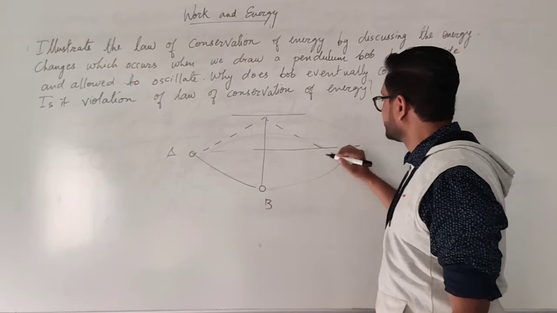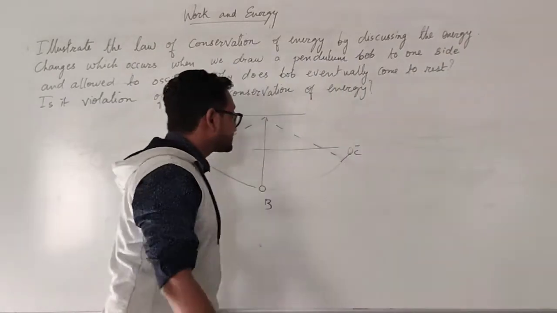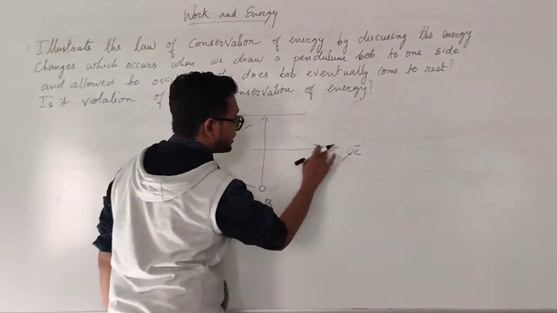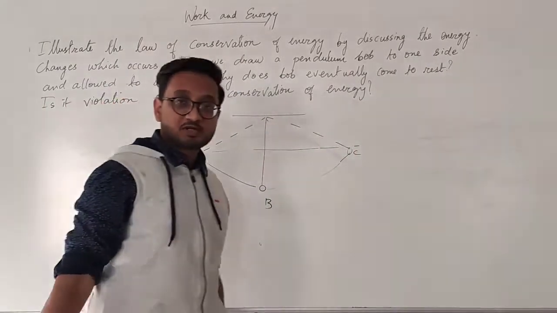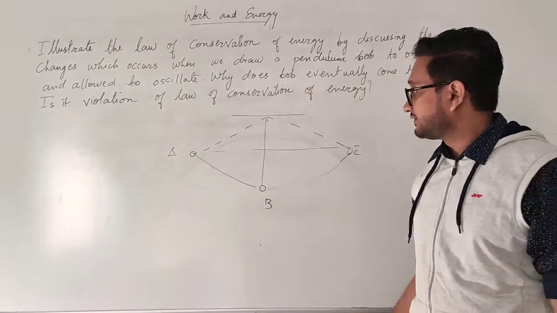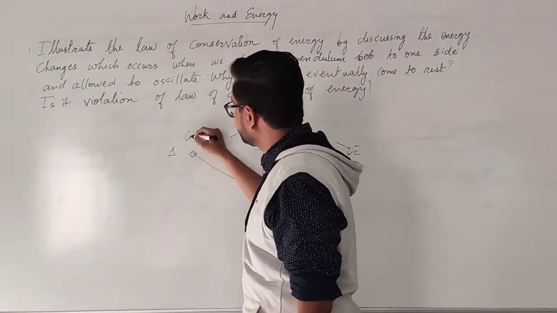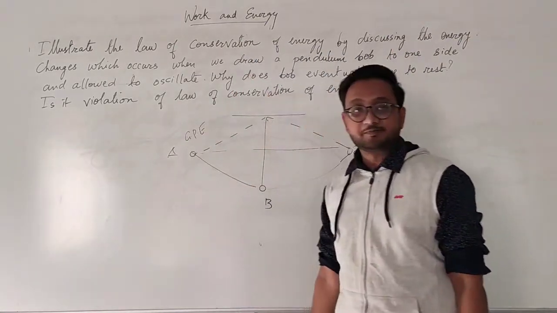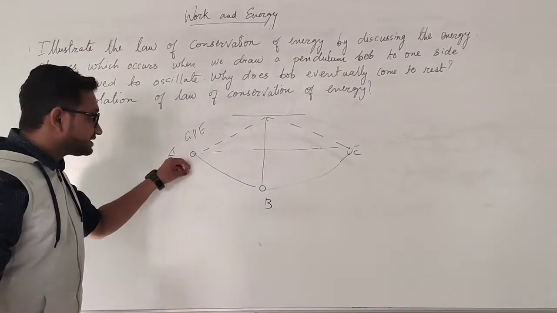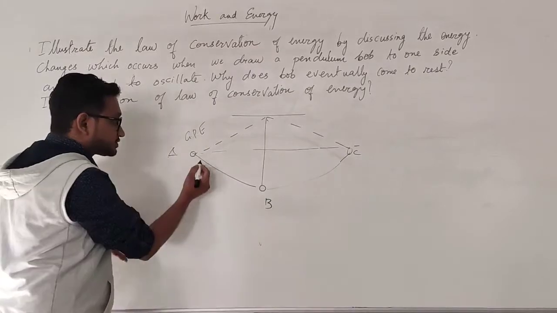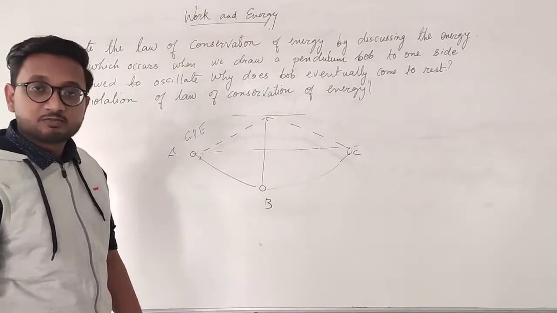Okay, let's say that at this particular height, because of this height, it is having potential energy. Obviously, we know that it is having gravitational potential energy because of its height. As soon as you release this bob from this particular height, it is going to start moving.